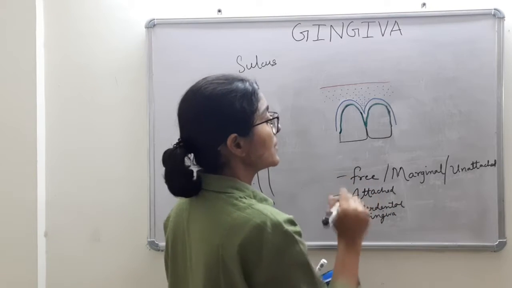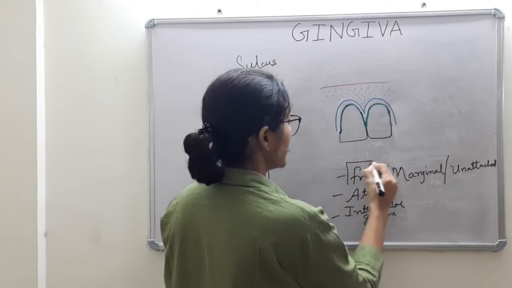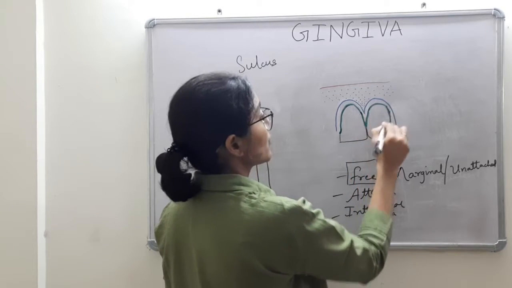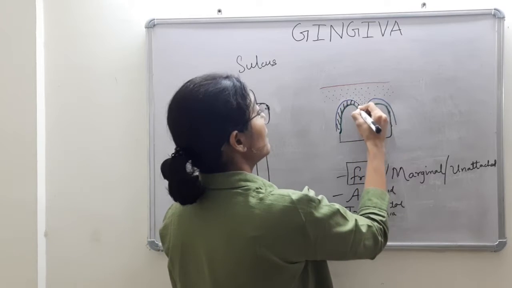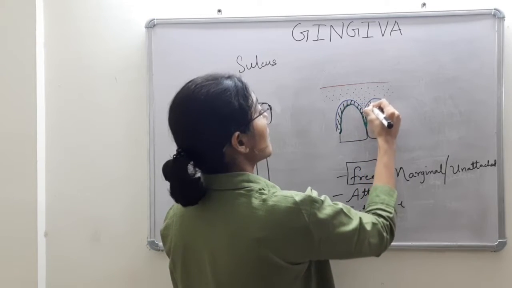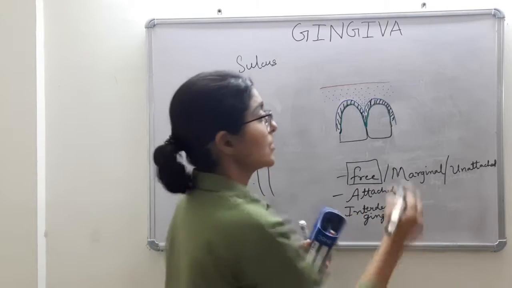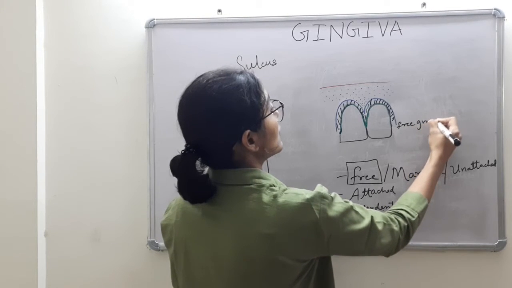Let's discuss the features of this free gingiva. For now we will call it free gingiva. This green colored portion is demarcated from attached gingiva by this blue line, which is a shallow depression called the free gingival groove.